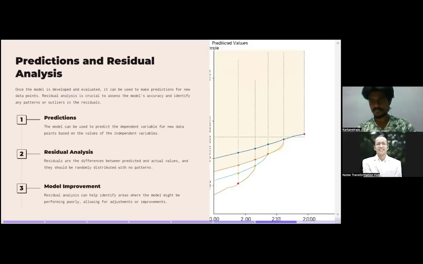Prediction will help you predict the dependent variable for new data points based on the value of the independent variable. Residual will help you understand the difference between the two, and they should be randomly distributed with no patterns. That is the condition. Then and only then can you go and make changes, improvements, and iterations in the model. This is very simple, guys.